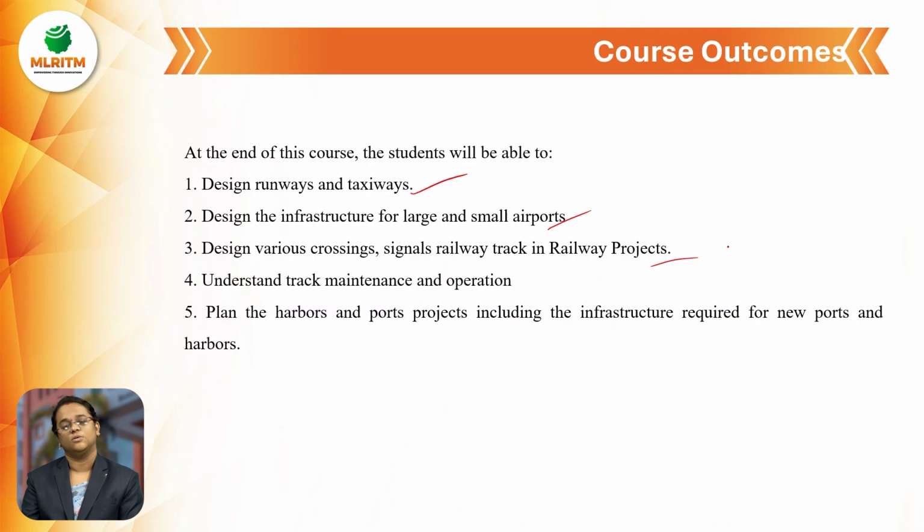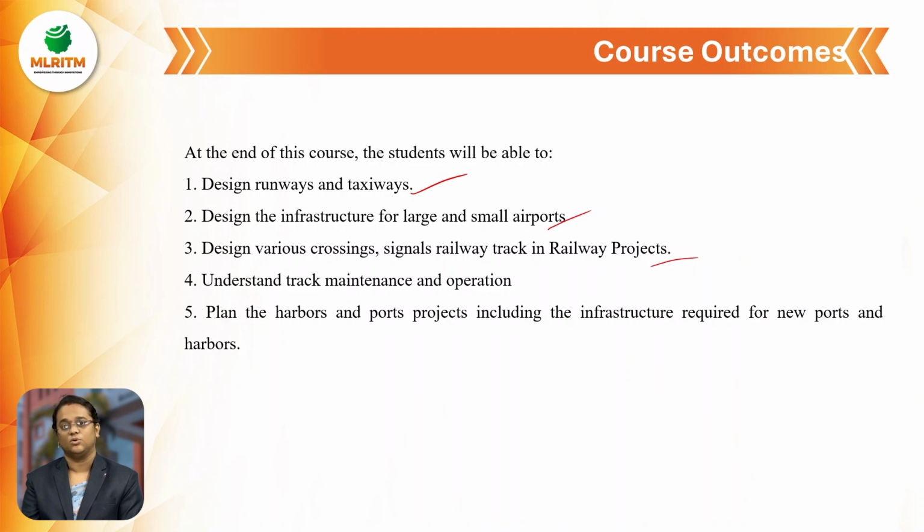The student can also understand the geometric design of a railway track, and he will be able to go for the design of railway crossing systems. Even when a student is going for road transportation, road design, he can also use this railway crossing system.